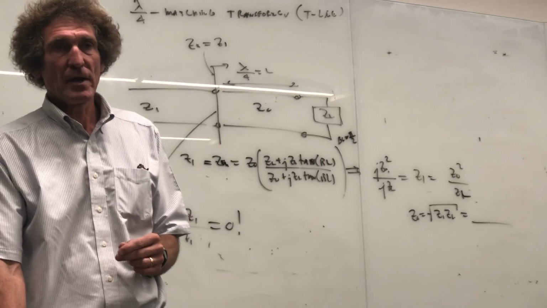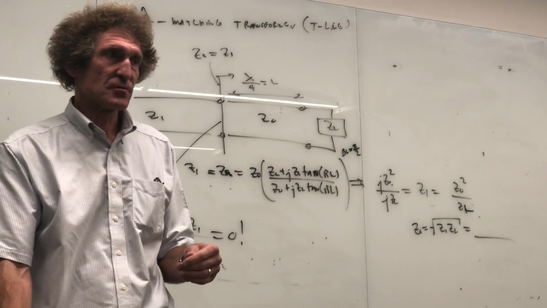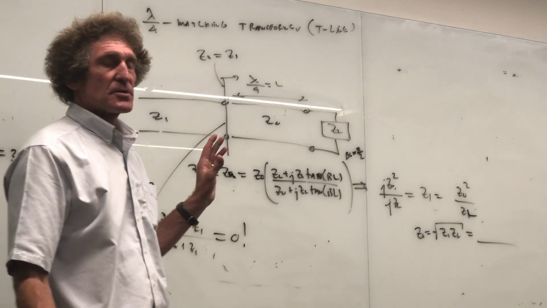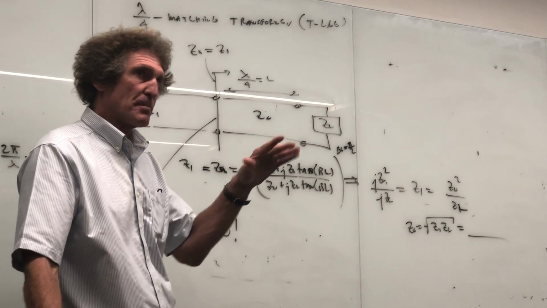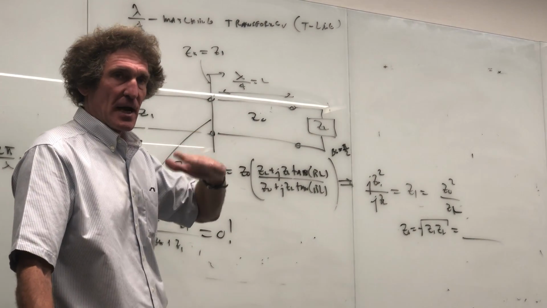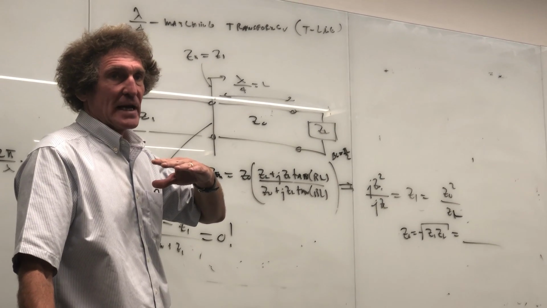This is called a quarter wavelength matching transformer. When you build microelectronic circuits, or really fabricate circuits on things called duroid, where they're flat pieces of copper separated by a dielectric, what you're going to do is etch.